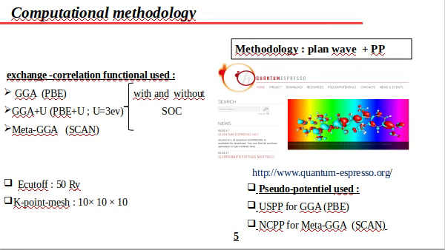The second one is called a norm-conserving pseudo-potential, and we used it for the SCAN functional. Moreover, to optimize the structural parameters, the cutoff for kinetic energy was fixed to 50 Rydberg, as well as the Brillouin zone integration was fixed on a 10 k-point mesh.